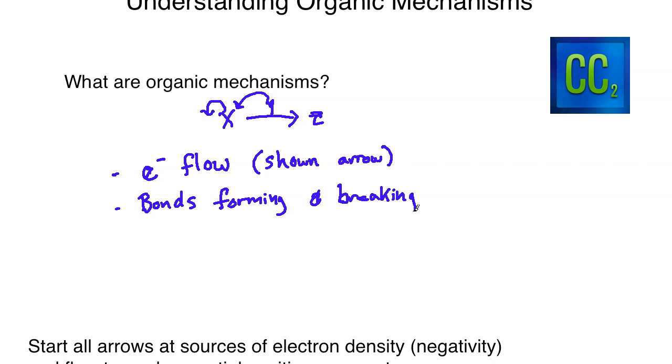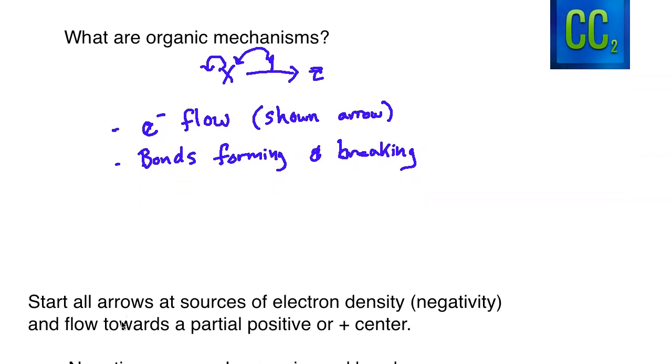Now, when we get ready to take a look at the arrows, it is very, very important that you understand why the arrows are originating where they are and where they're going. One of the things that you need to keep in mind, and we'll go into this in more detail in a moment, is that the starting and ending points of the arrow are absolutely crucial.